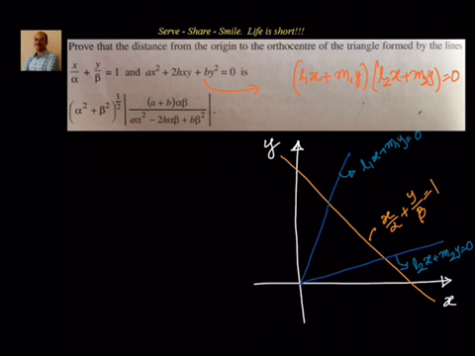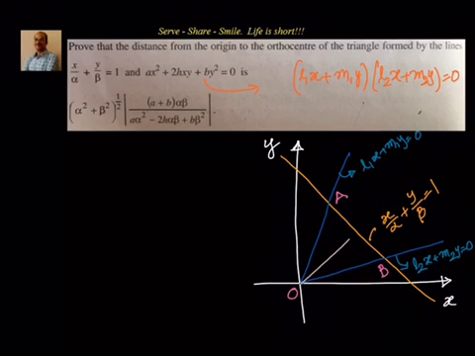What we need to find out is the distance from the origin to the orthocenter of this particular triangle. So let's try to label them. We'll say this is O, that's A, and this is B. Now what's the meaning of orthocenter? Orthocenter is nothing but the point of intersection of perpendicular altitudes.